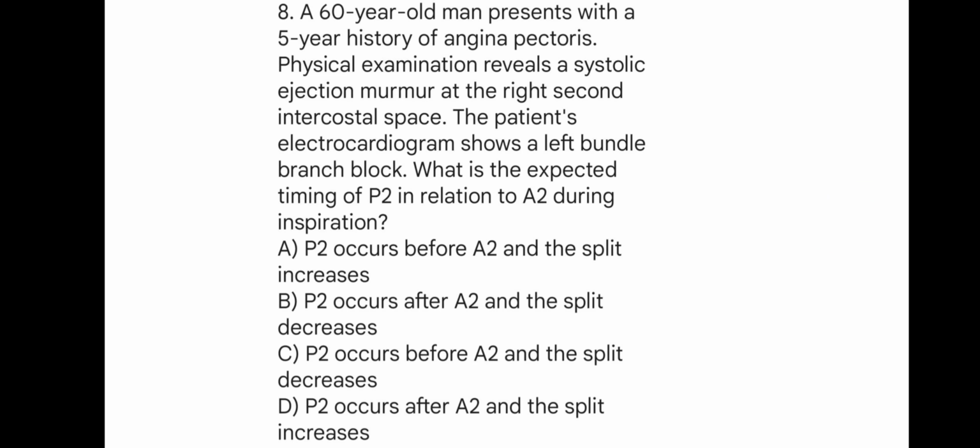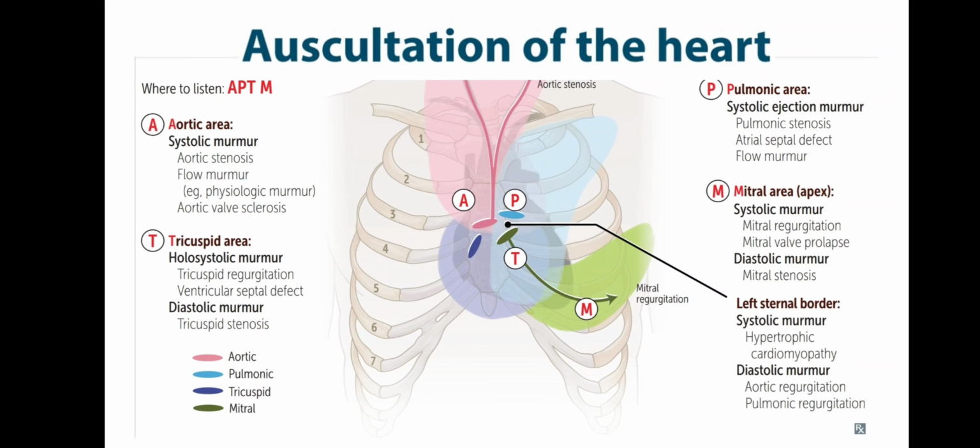In pulmonic area, you can auscultate for systolic ejection murmur, for example, pulmonary stenosis, atrial septal defect, and flow murmur. In mitral area, at the apex, you can auscultate systolic murmur like mitral regurgitation and mitral valve prolapse, and diastolic murmur like mitral stenosis. At left sternal border, you can auscultate systolic murmur like hypertrophic cardiomyopathy and diastolic murmur like aortic regurgitation and pulmonary regurgitation.